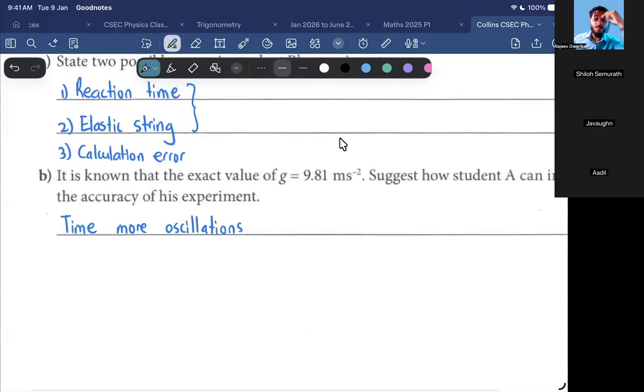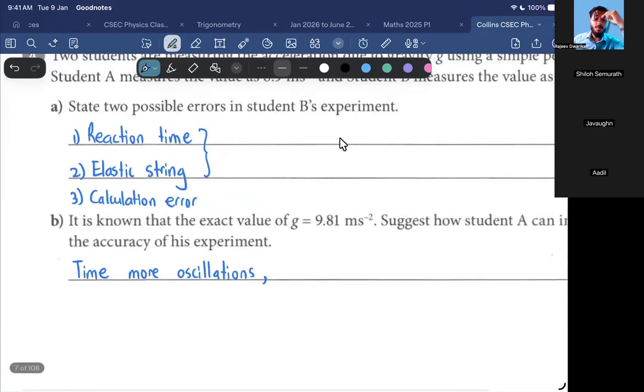Probably time more oscillations. If an elastic string is something that could cause error, what do you feel they should do? Do you want an elastic string or a non-elastic string? Non-elastic.